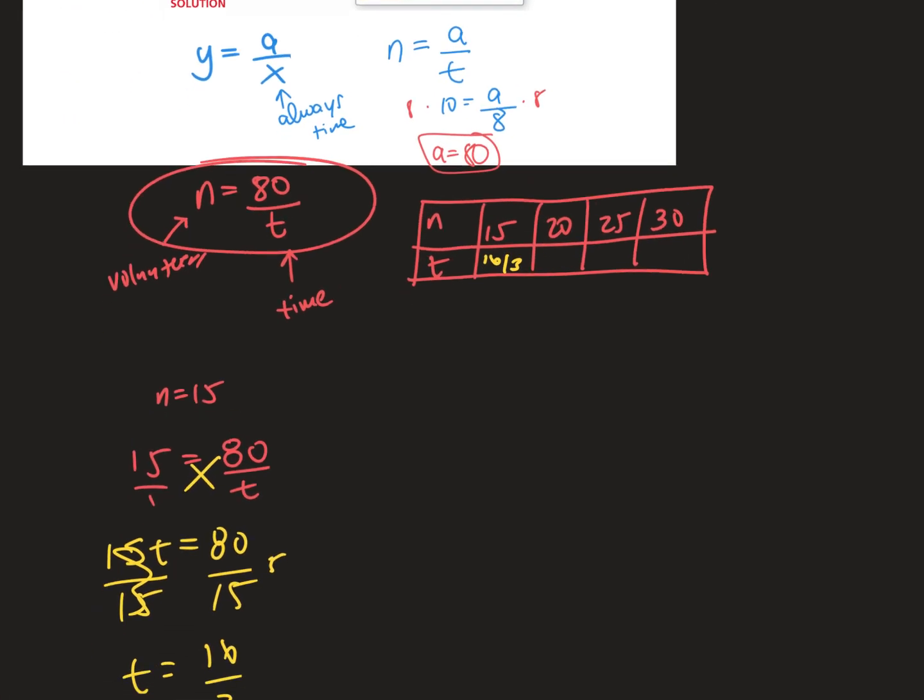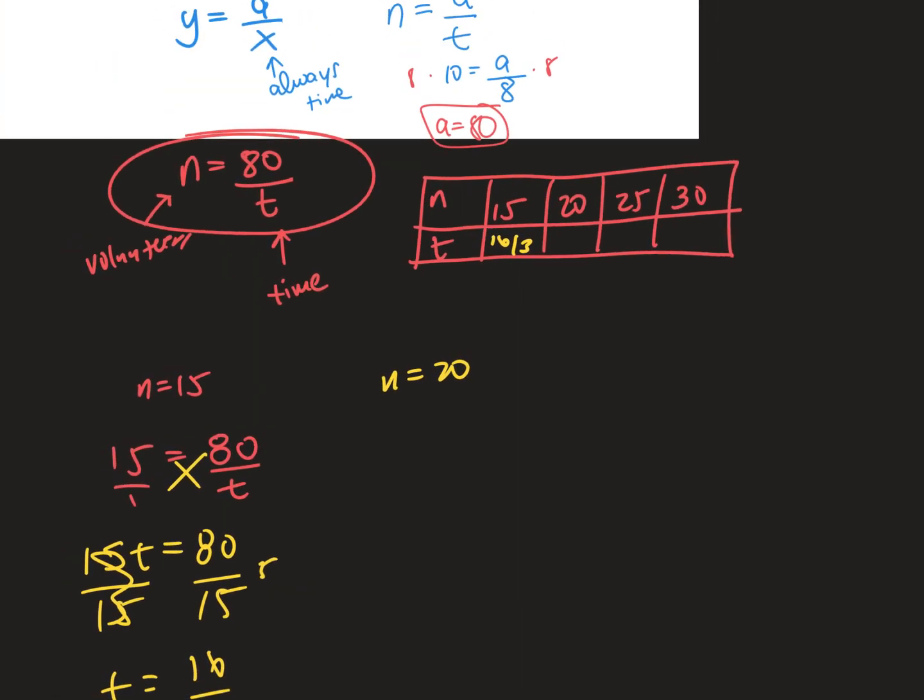All right, so let's evaluate with 20. My number of volunteers went from 15 to 20. The number of volunteers increased. What should happen to the time then? If you have more people helping, then it should take less time, right? If they vary inversely, the more people you have helping, the less time it should take.